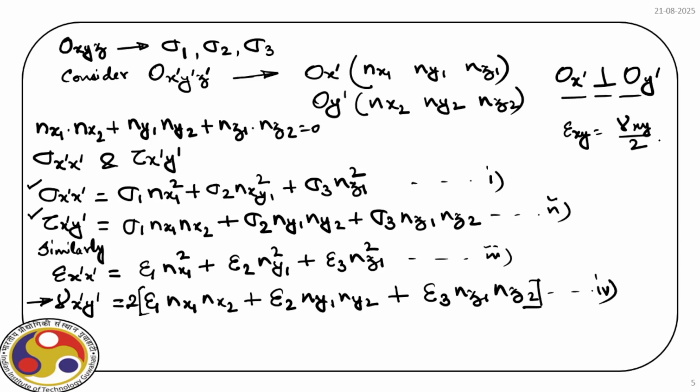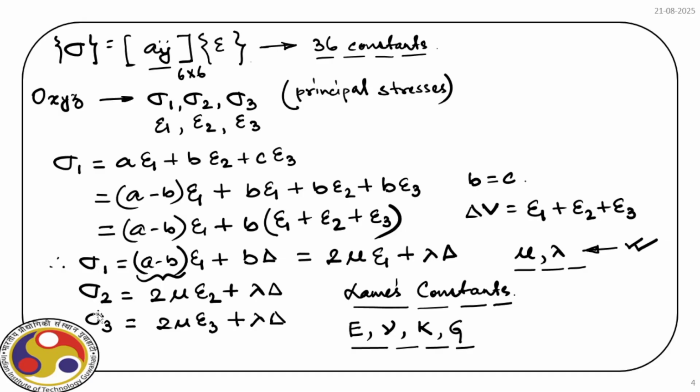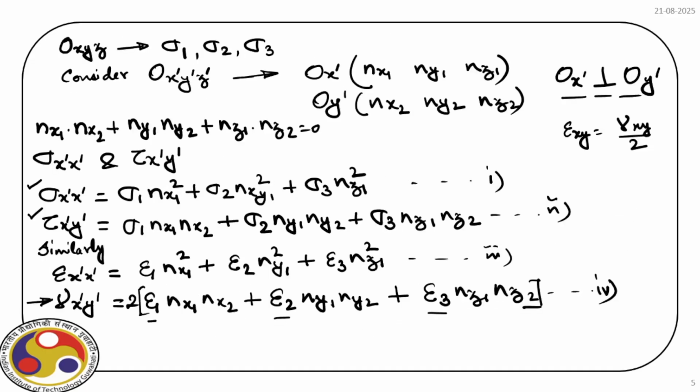Now, what we can do is substitute the expressions for sigma 1, sigma 2, sigma 3 in this equation, right? So we have epsilon 1, epsilon 2, epsilon 3, and we have already defined sigma 1, sigma 2, sigma 3 in terms of epsilon 1, epsilon 2, epsilon 3, right? So let us do that. We first consider the normal stress in prime coordinates.